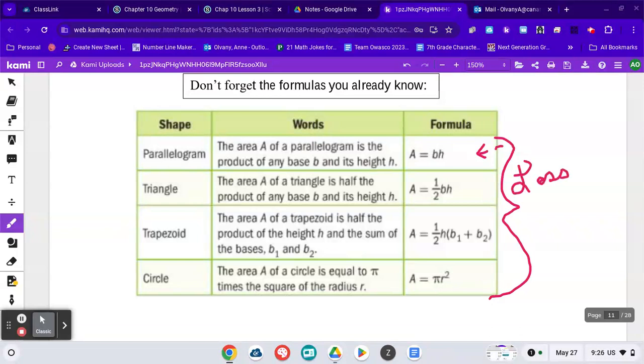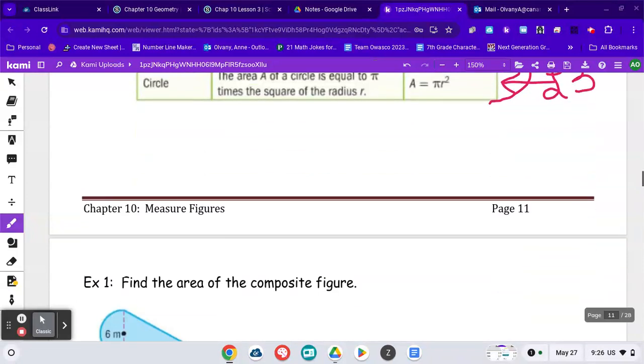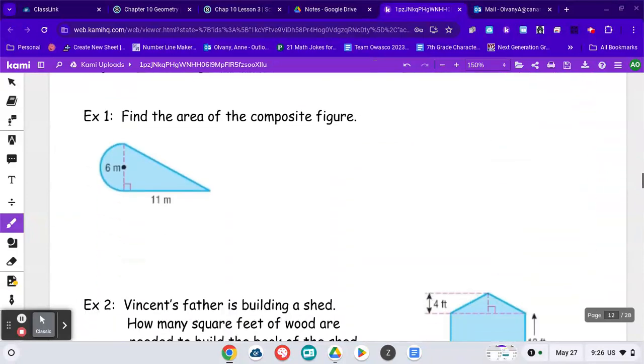If you want to go back and take a look at that. And the area here, this was lesson 3, if you wanted to go back and review that. All right, so we're going to move on here.